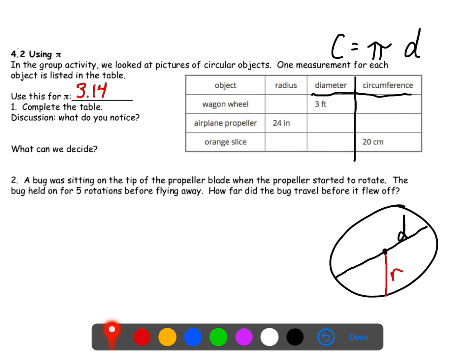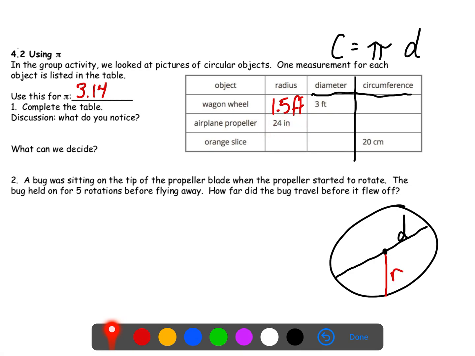So let's look at that first. If we have a diameter of 3, a distance going all the way across the circle, the radius is only half of that, which would be 1.5 feet. For the airplane propeller, the radius is 24 inches.